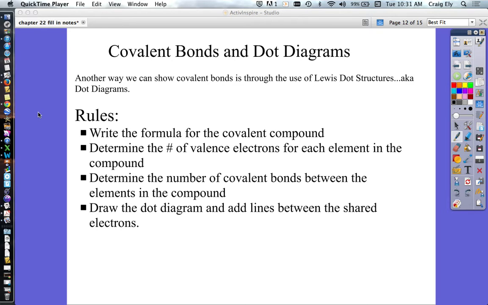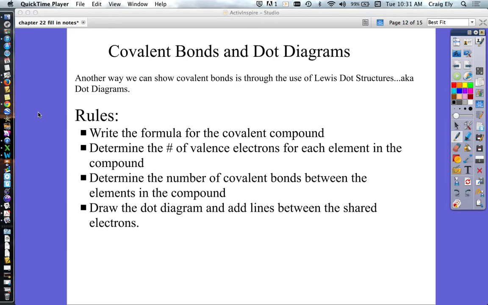Of course, you just look at the name of the covalent compound, write the formula for it, determine the number of valence electrons for each element. All right, and then you're going to determine the number of bonds between the elements in the compound.